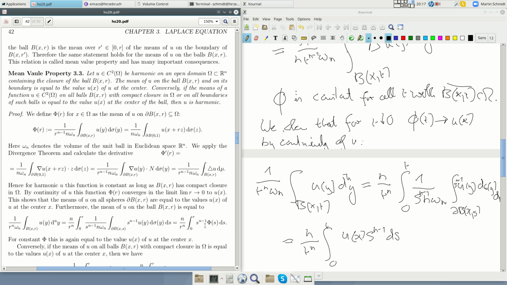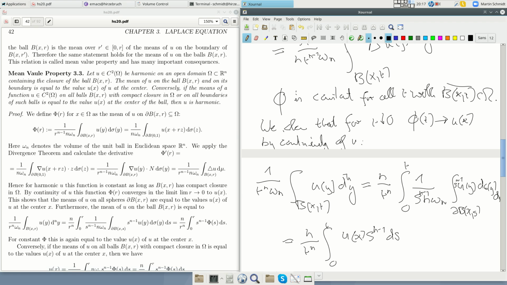Since this here is the mean over the ball, which we already know is constant, we obtain this, and now we can integrate.